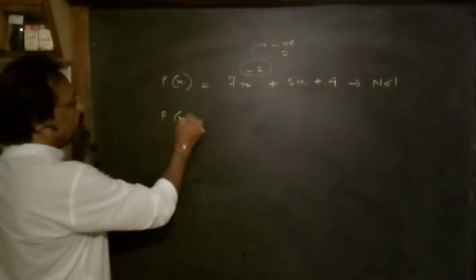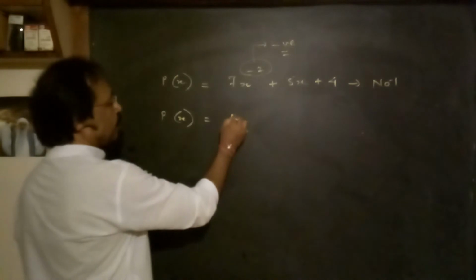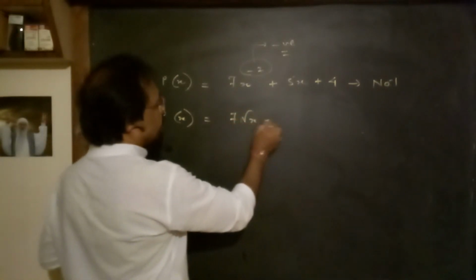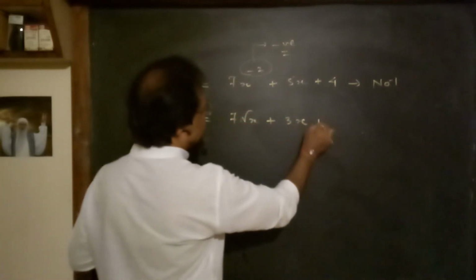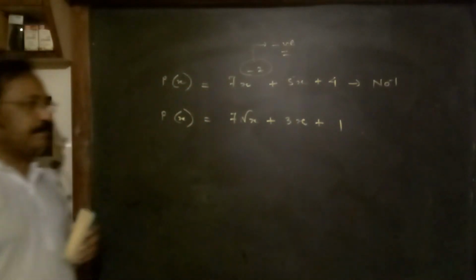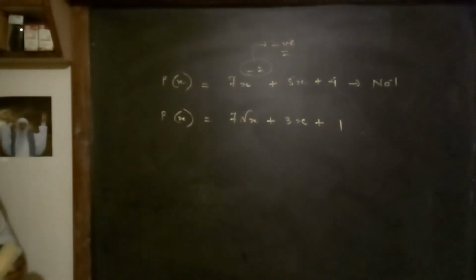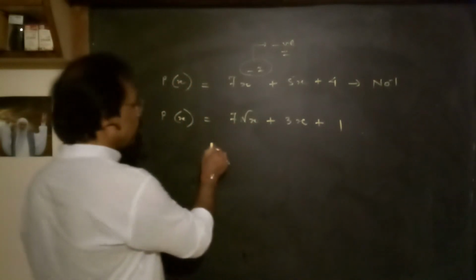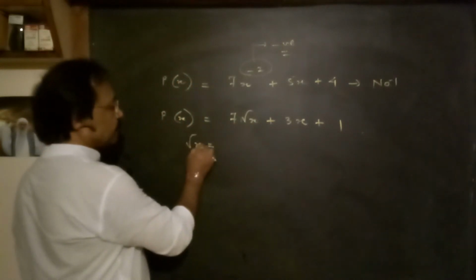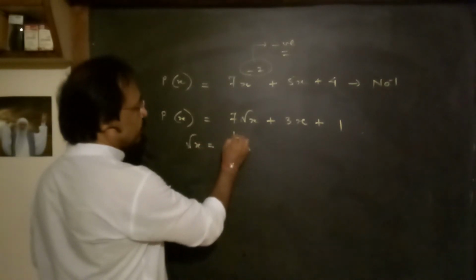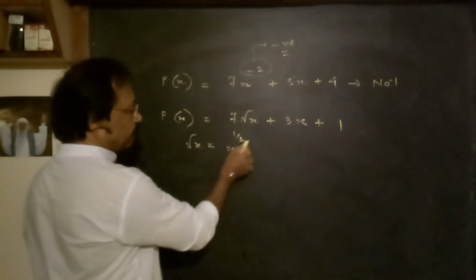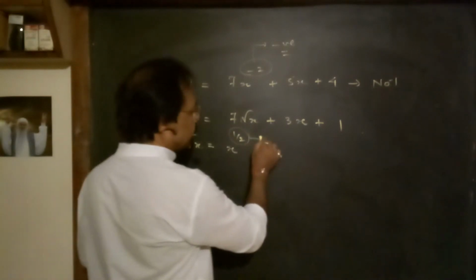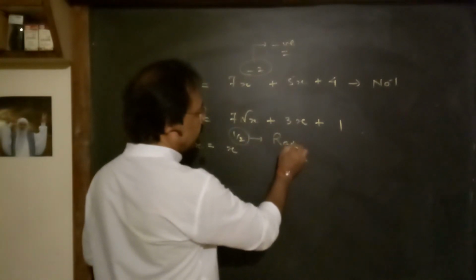If another polynomial, if I write p of x is equal to 7 root x plus 3x plus 1. Now in this polynomial you will see 7 root x plus 3x plus 1. Then root x, what do you mean by root x? Root x means x raised to 1 upon 2. What is the power of x? It is 1 upon 2. What is 1 upon 2? It is a rational number.